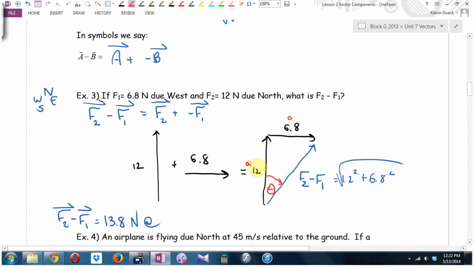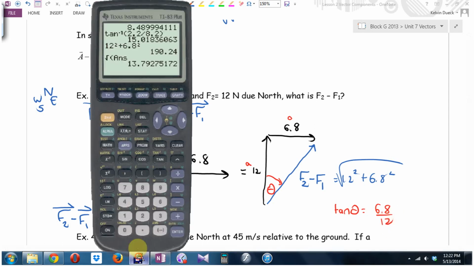Opposite, adjacent. Which trig function? Again. Tangent, again. (6.8 over 12).